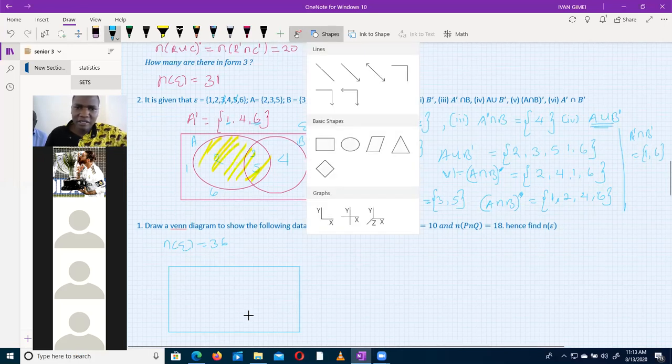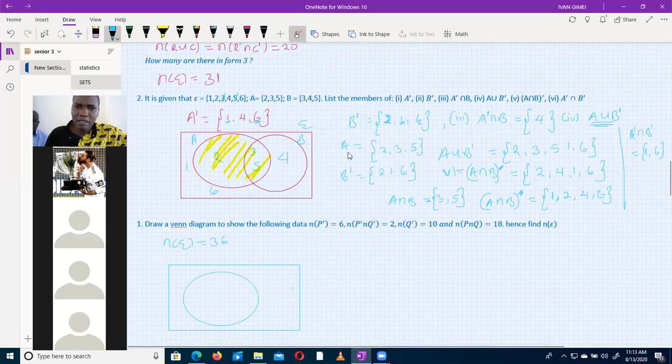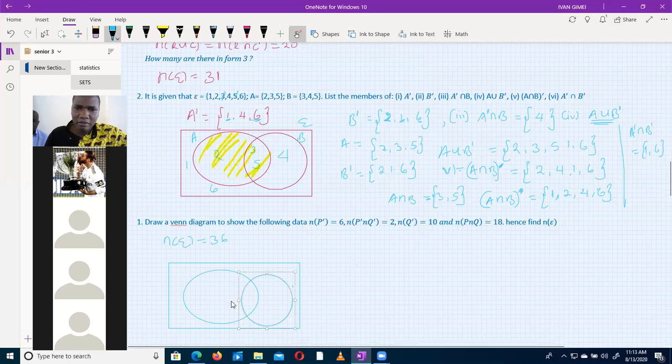Let's say we have set P, then we have another set Q which looks like this, inside it, like that.